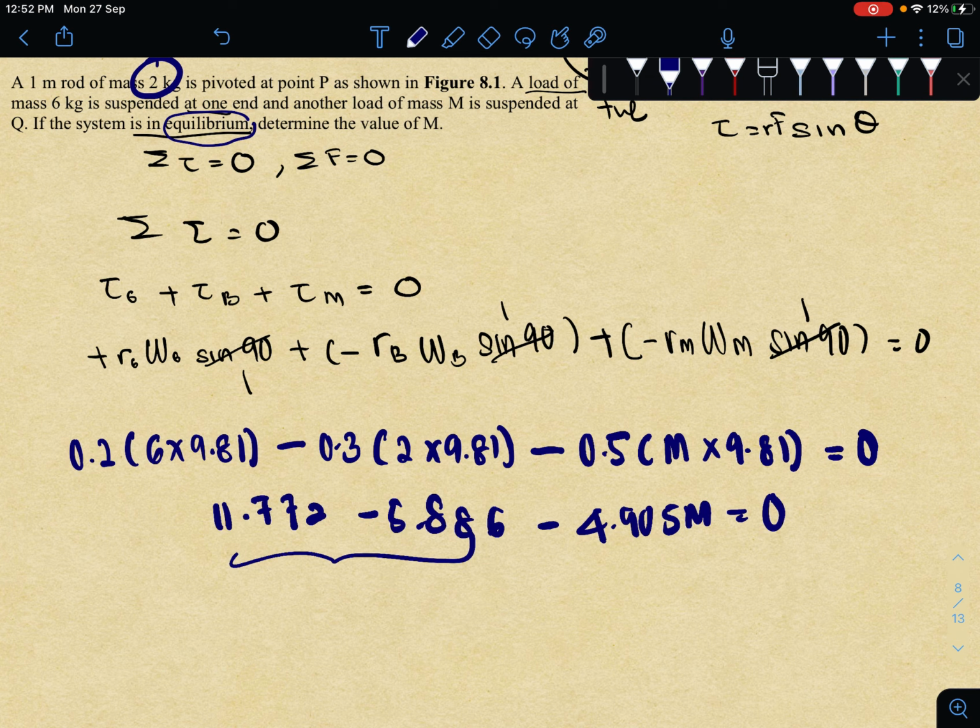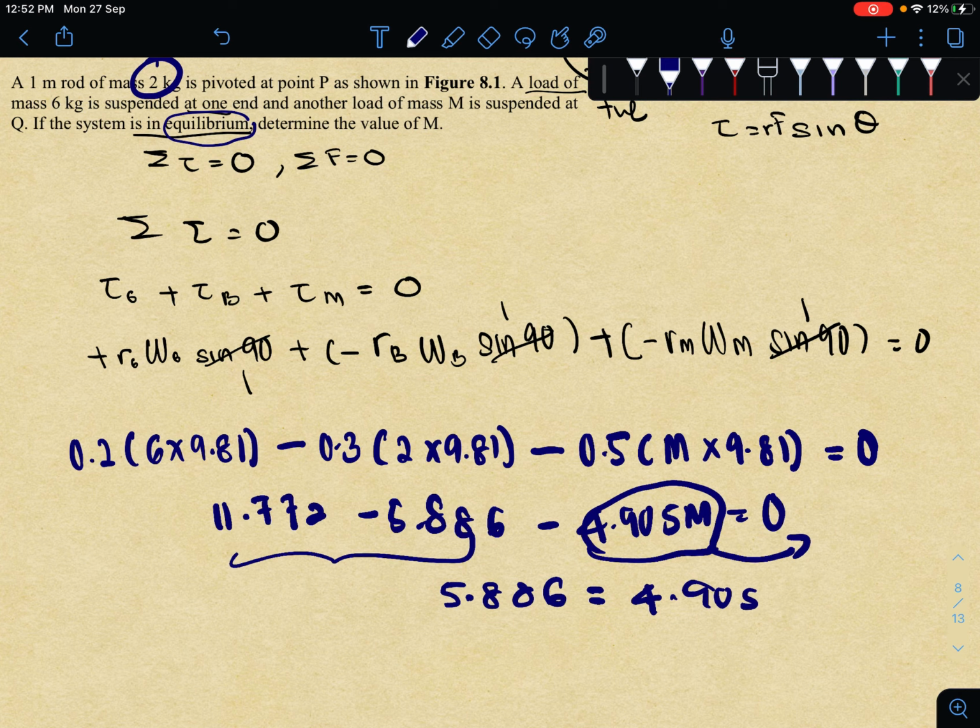Ini boleh simplify. Minus 5.886, kita dapat 5.886. Bawa yang ni ke kanan, jadi positif 4.905 M. So your M here adalah sebanyak 1.2 kg, 1.2 kg.